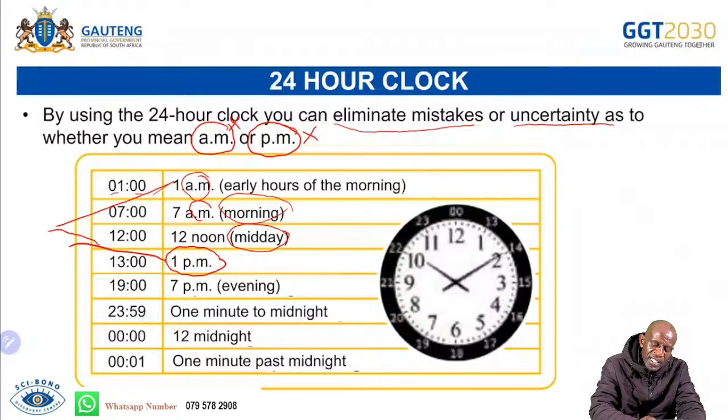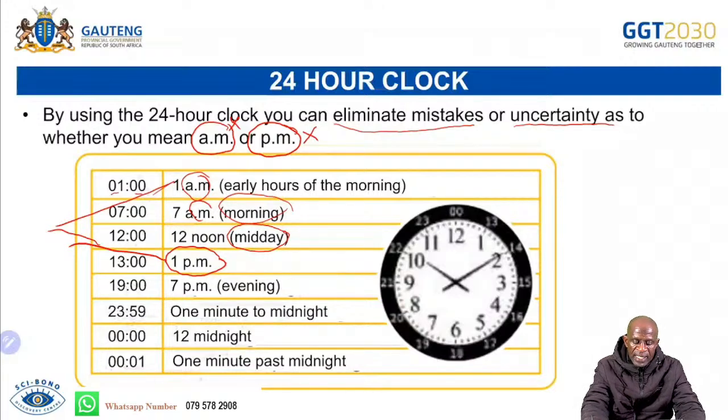And look at how it is transcribed. It's 23:59. That indicates it's 1 minute to midnight. 00 hours suggests that we are in the middle of the night, and 00:01 suggests that it's 1 minute past midnight.